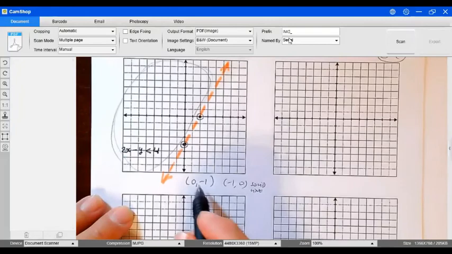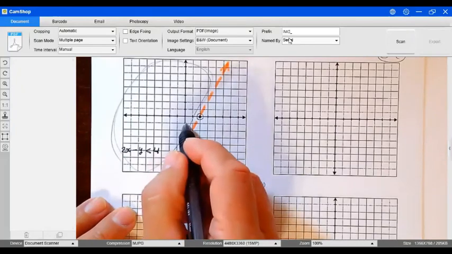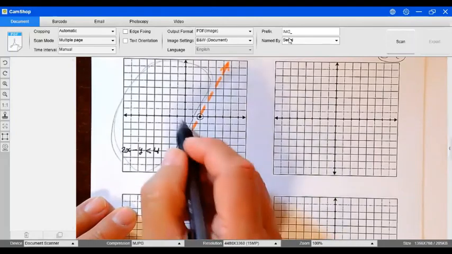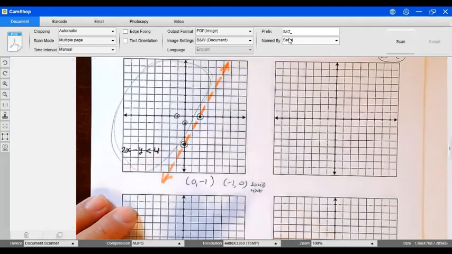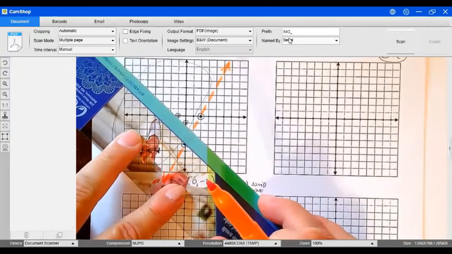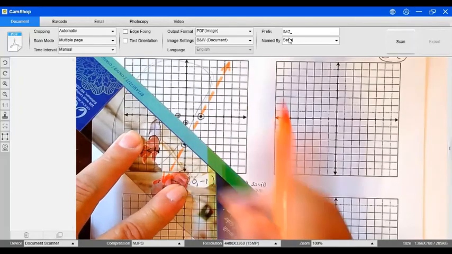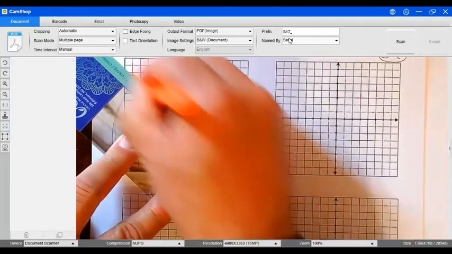So I'm going to find these 2 points now. 0, -1 is going to be here, and -1, 0 is going to be here. So I have now these 2 points defining the other boundary for the other inequality, and this is going to need a solid line. So a solid line is going to be this line.